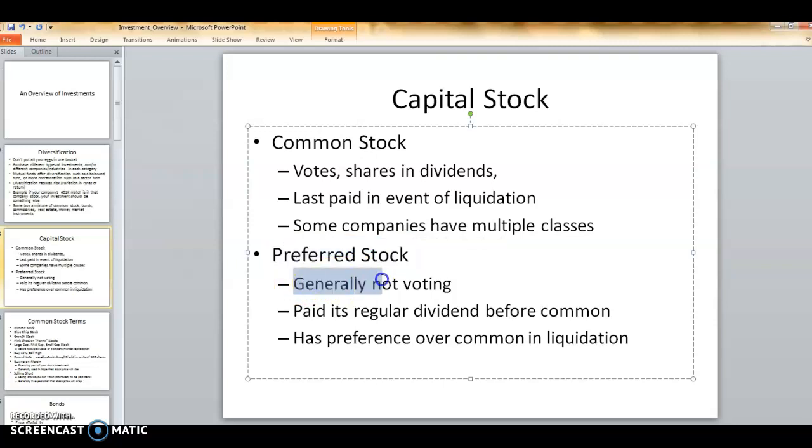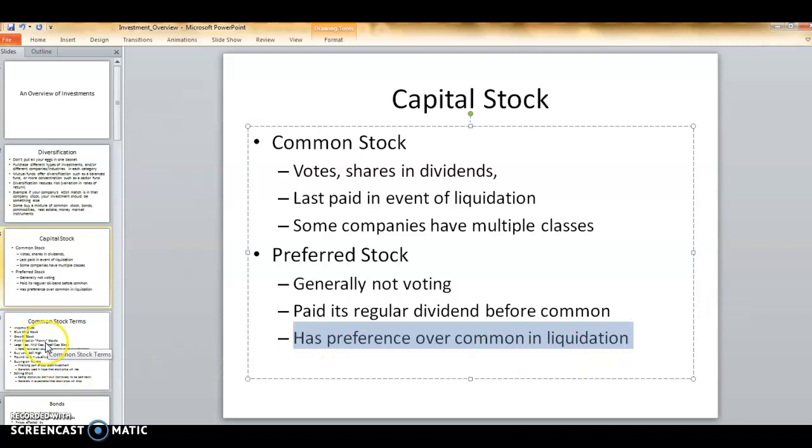Preferred stock generally is not voting. Preferred stock is paid generally a regular dividend, like it might be paid a $5 a year dividend, and that dividend would be paid off before any common dividend would be paid that specific year. So it has a preference in terms of dividends, and it also has a preference if the company is liquidated. It gets paid off its full par value before any common stock would be paid off.